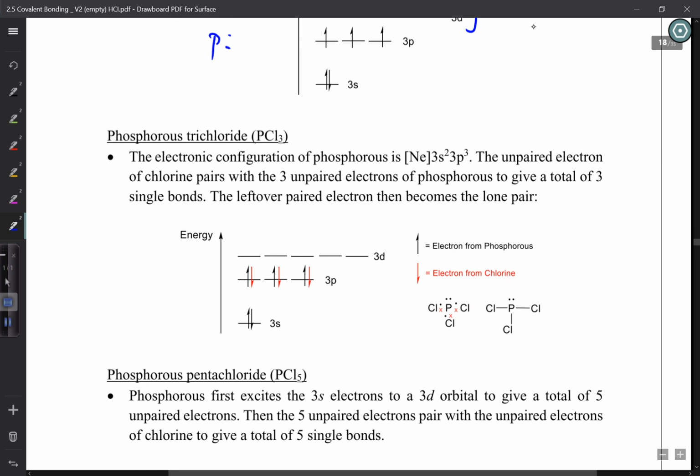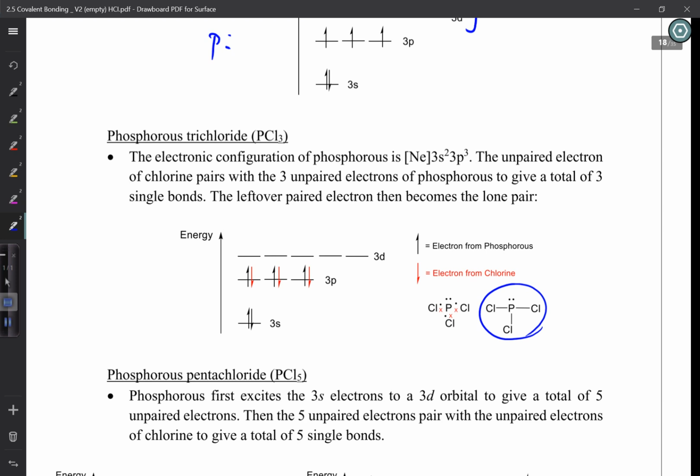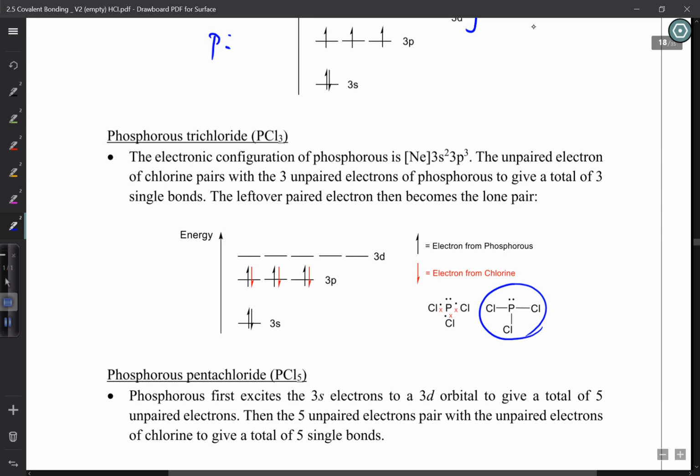These black arrows are electrons from phosphorus, and these are the electrons from chlorine. So each chlorine will overlap with each of these orbitals to form PCl3. It has 8 electrons around phosphorus, so nothing new. This one is testable, because it's nothing new. Whereas the 3s electrons will become the lone pair.